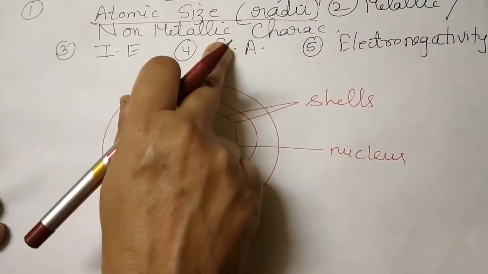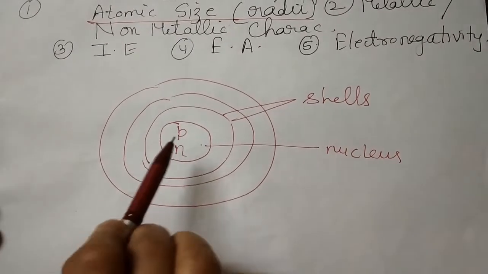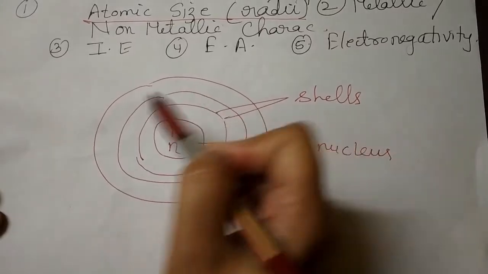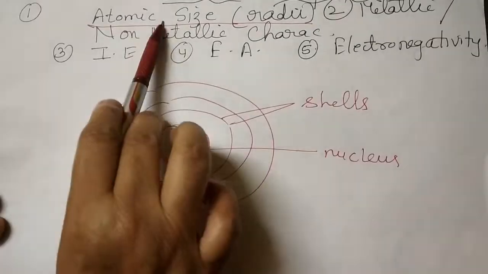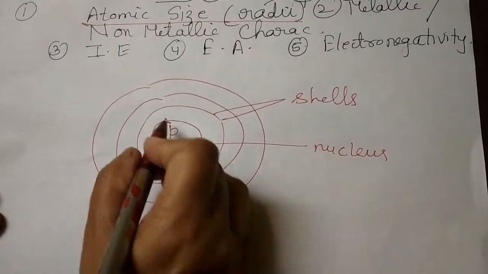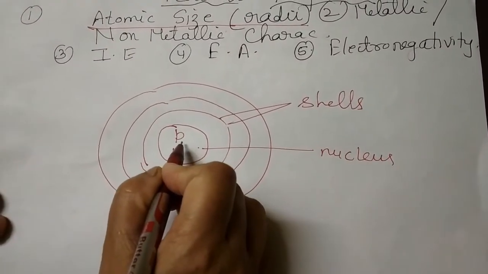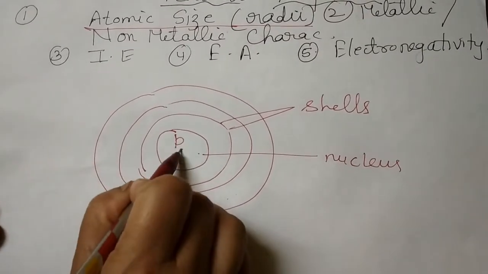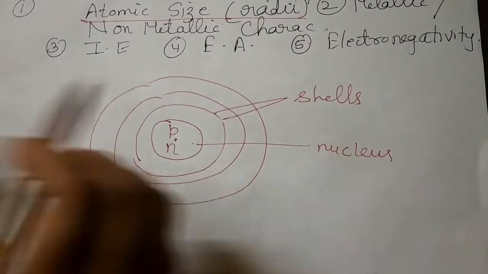Now, what is atomic size? Actually, children, there is no particular scale by which we can measure the size of an atom. However, atomic size we actually refer to from the distance. This is the distance from the center of the nucleus, this is just imaginary, towards the outermost shell.